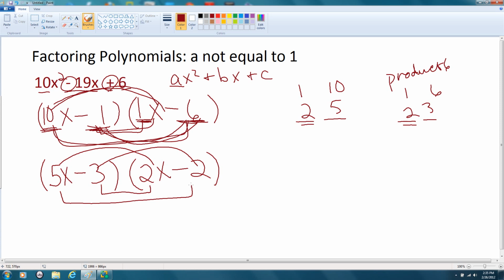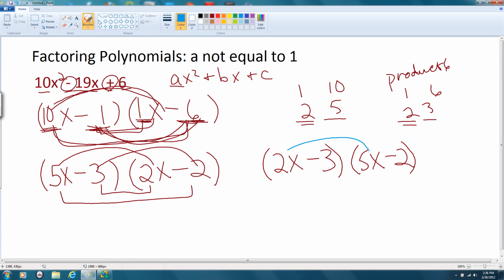Maybe if we just switch things around a little bit, maybe if we went here and we went 2x minus 3 and 5x minus 2. Let's see if this one will work. So as before, we get, I'll change the color here, 2 times 5 is 10x.